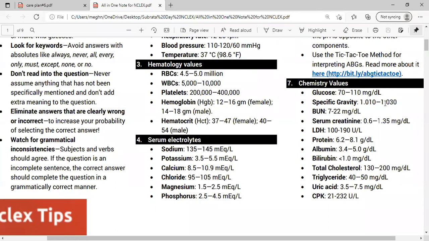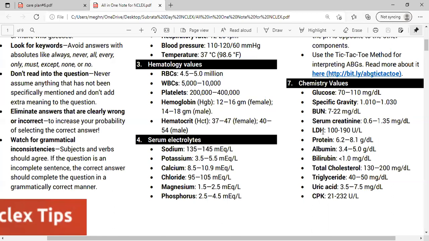So in diabetes insipidus, where too much urine is produced, urine specific gravity goes down. And BUN, blood urea nitrogen, is 7 to 28 milligrams per dl. It is a kidney marker test. Serum creatinine is also a kidney function marker, and it should be less than 1, or 0.6 to 1.35.